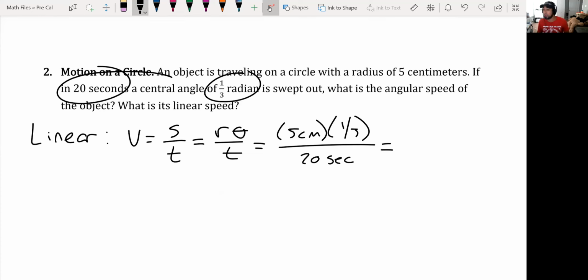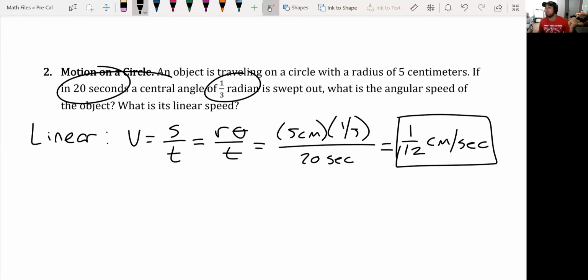And all I'm going to do is type that into the calculator, just like I see it. And I get 1/12 centimeters per second. Okay. Angular, omega is theta over T. Well, fair enough.